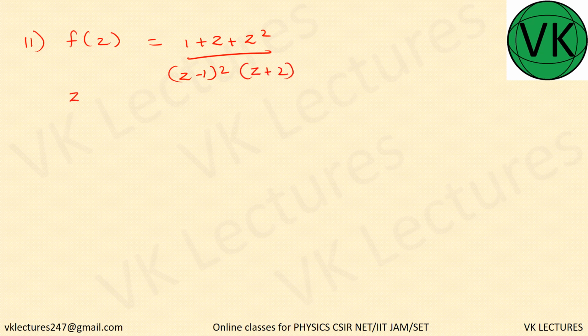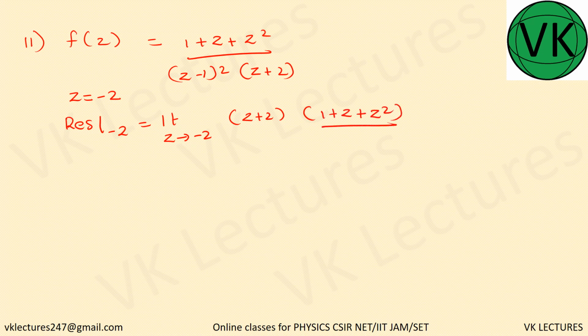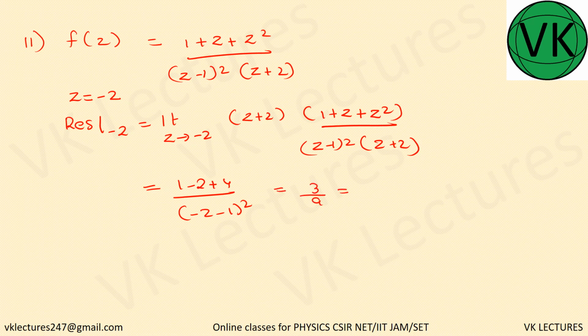At z equal to minus 2, the residue at minus 2 is equal to limit z tends to minus 2 of z plus 2 into 1 plus z square divided by z minus 1 whole square into z plus 2. So we got 1 plus 4 divided by minus 2 minus 1 whole square, that is equal to 3 by 9, which is equal to 1 by 3.